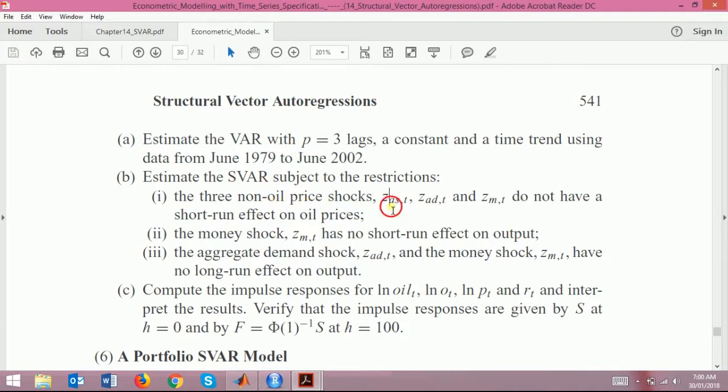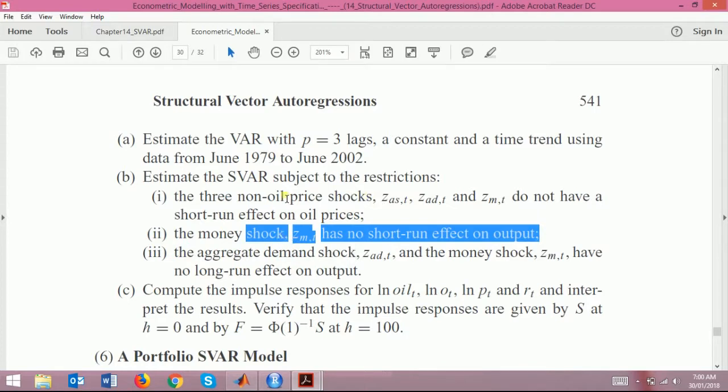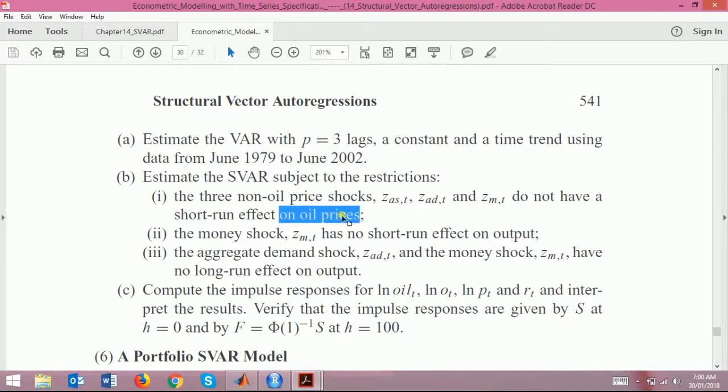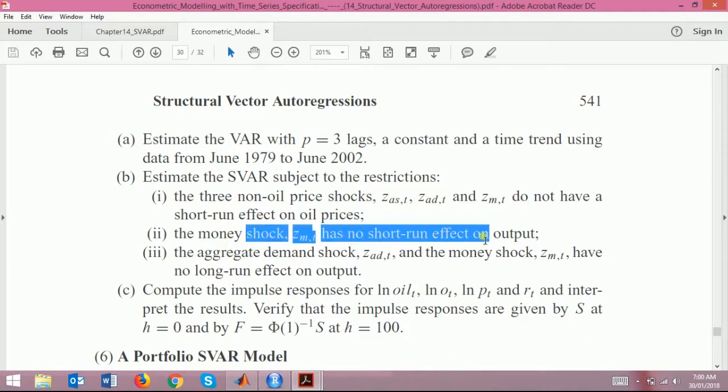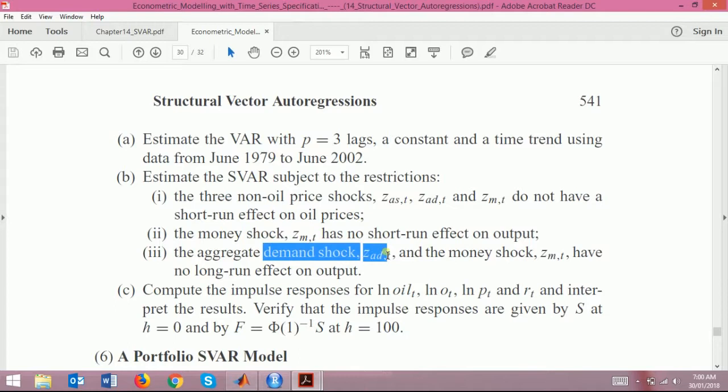The 3 non-oil price shocks do not have a short-run effect on oil price. The money shock has no short-run effect on output. So these are the restrictions where the non-oil price shocks do not have a short-run effect on oil prices. Money shock has no short-run effect on output. Aggregate demand shock and the money shock have no long-run effect on output.